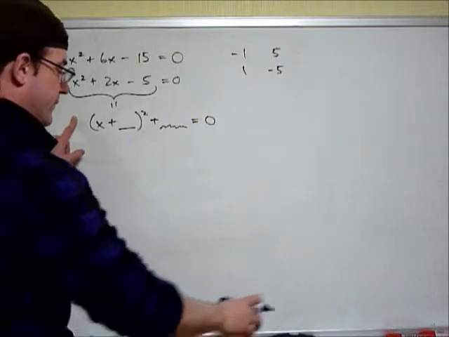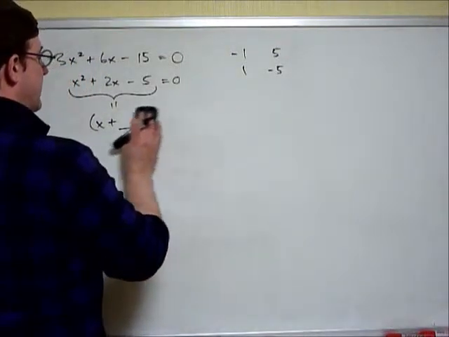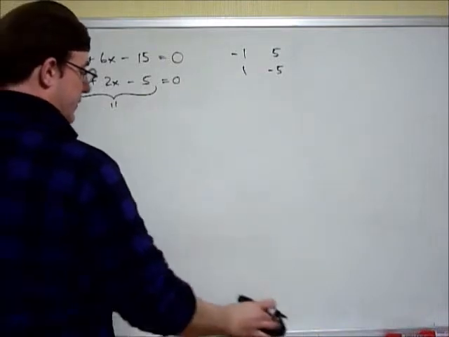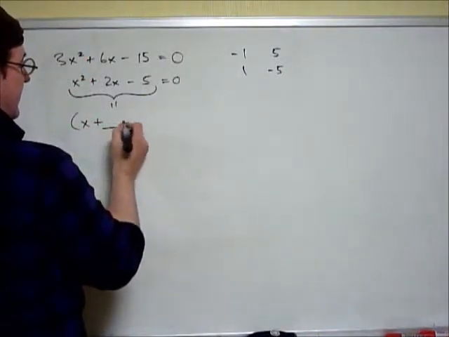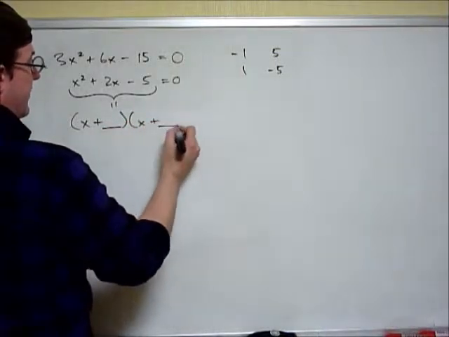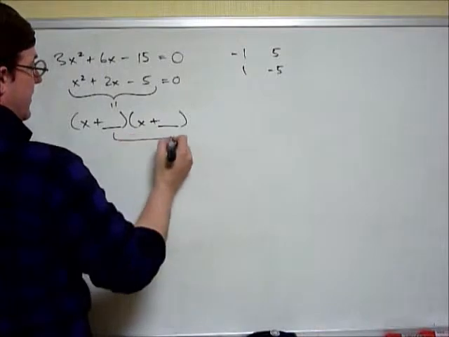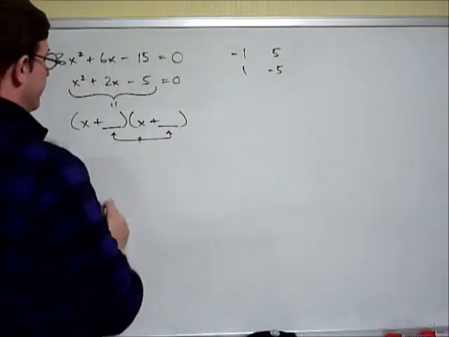First of all, let's not talk about this with the exponent. To be very clear and transparent, which is the same thing, we can say x plus something times the same thing, x plus something, where these somethings are exactly the same number, okay? Because we're squaring.